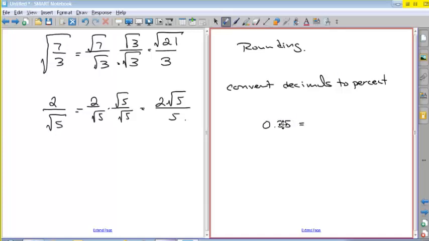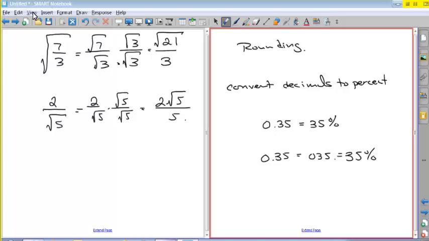You can take this number, multiply by 100, and then put the percent sign. Or you can take that number and move the decimal point 2 places. So you'd have 0.35, and I moved it 1, 2. Of course, the 0 in front is superfluous, so I just put 35%. Okay, so that's converting decimals to percent.